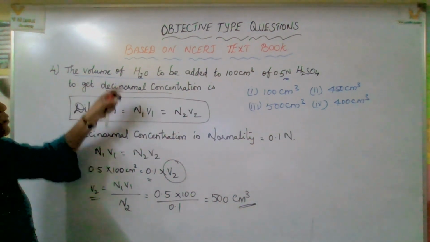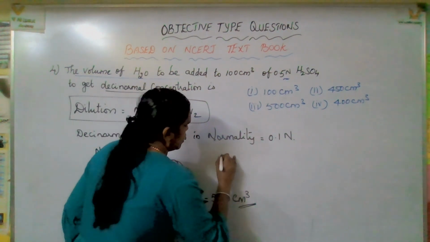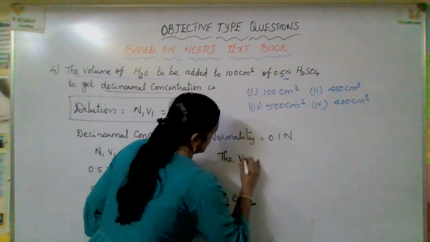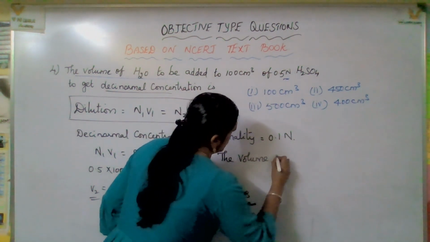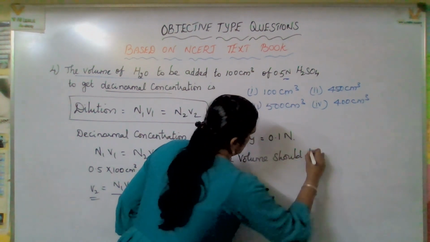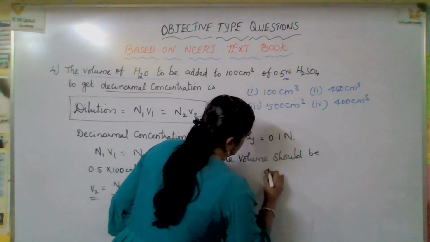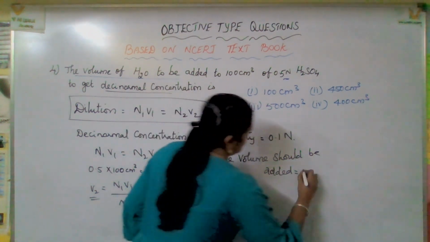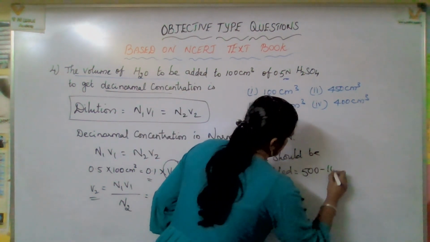Now the volume to be added. How much? 500 minus 100.